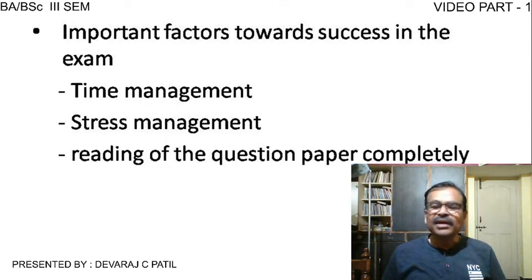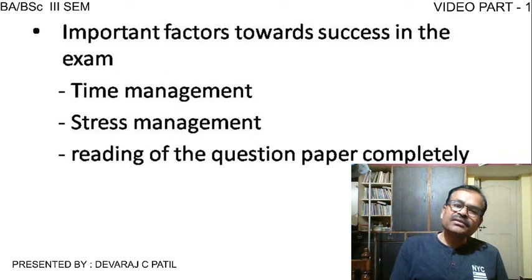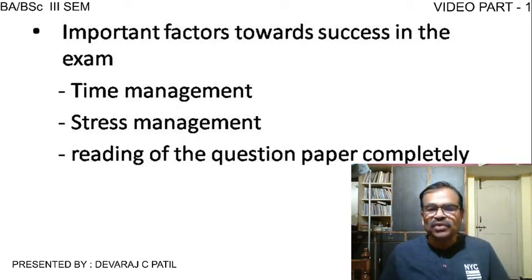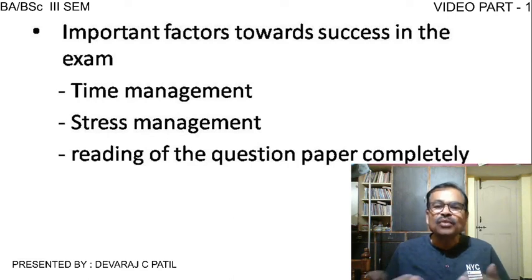If a 1 mark answer is in a paragraph, that is a waste of your time. And if a 5 mark answer is in 2 pages, it is also a waste of your time. This is how you have to manage the time. According to the type of the question and the marks allotted to that question, you have to decide how much to write.